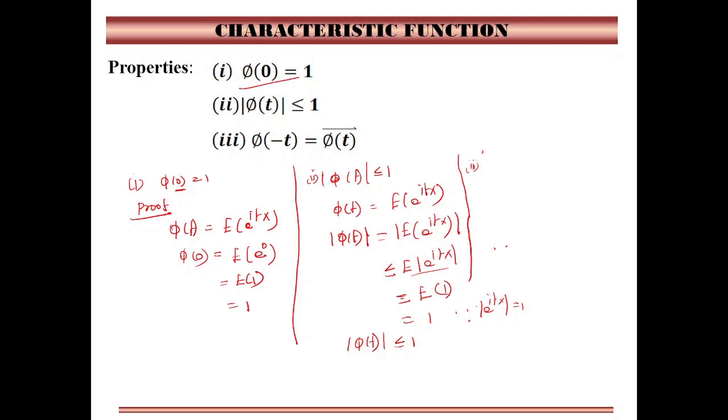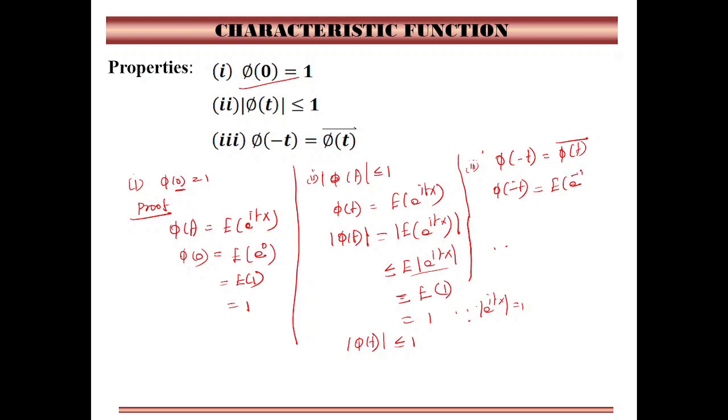next one is phi of minus t is equal to the conjugate of phi of t. Again, from the definition, phi of minus t is equal to the expected value of e power itX, where we replace t by minus t.